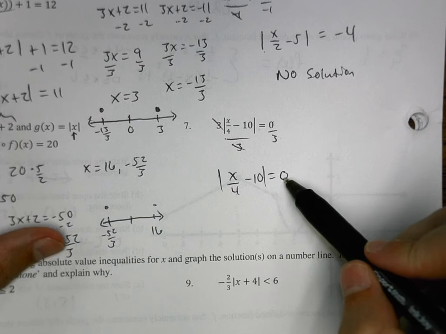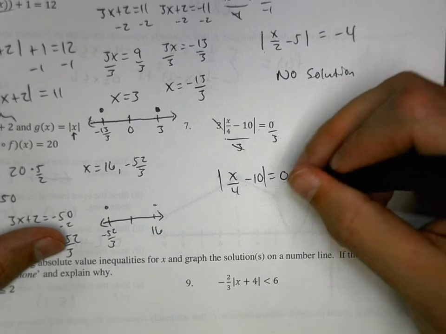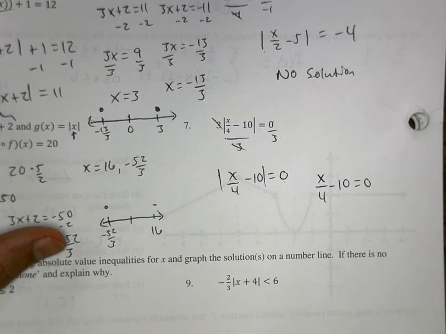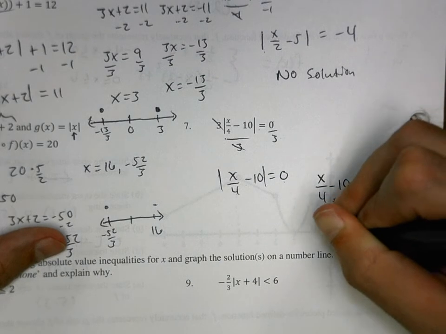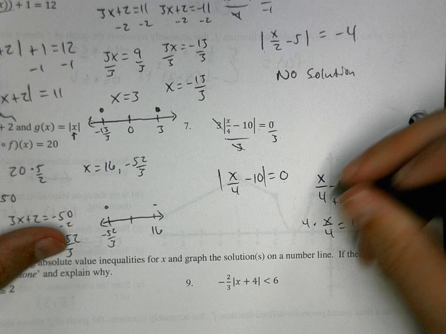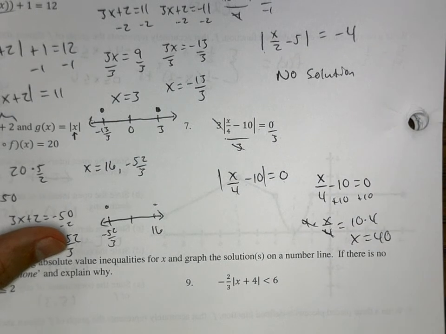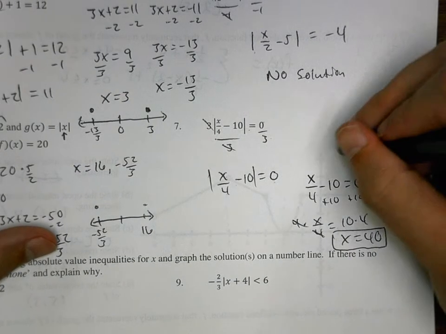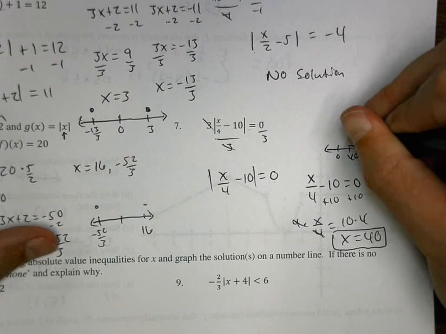But positive 0 and negative 0 are the same thing, so you would just get one equation of x over 4 minus 10 equals 0. Add 10 to both sides. X over 4 equals 10. And multiply both sides by 4 to get rid of the fraction, and x equals 40. And on a number line, 0, 40, just put a dot.